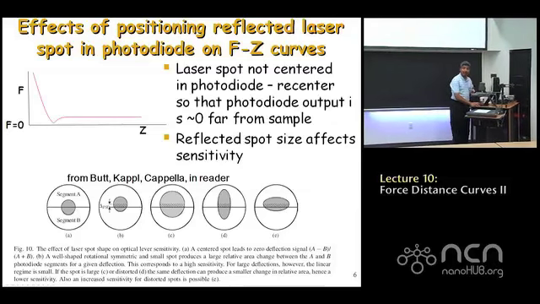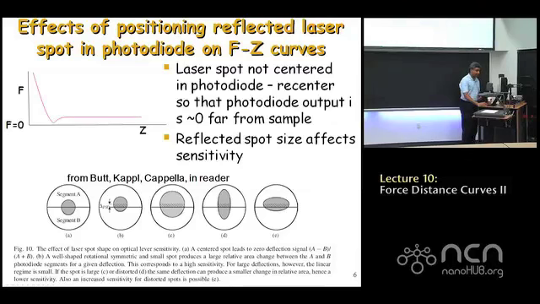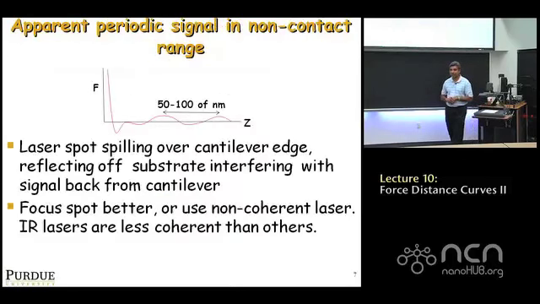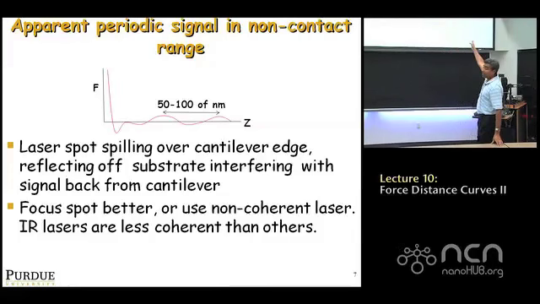So we're going to go through some practical aspects of FZ curves here. Another thing that often happens, especially for folks doing FZ curves over large Z ranges, is, remember, at large Z, what should the force be when you're far enough from the sample? Force should be 0.